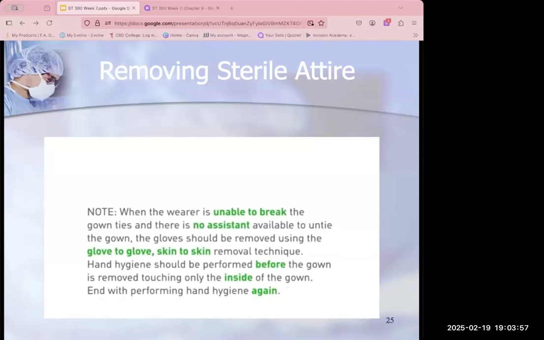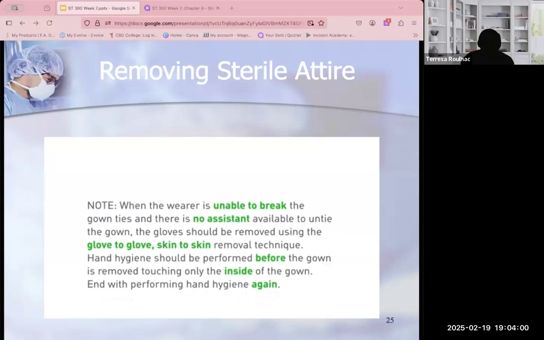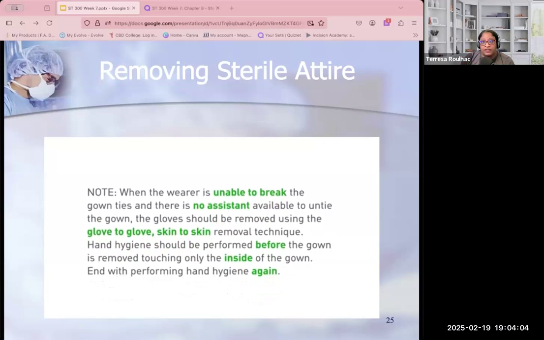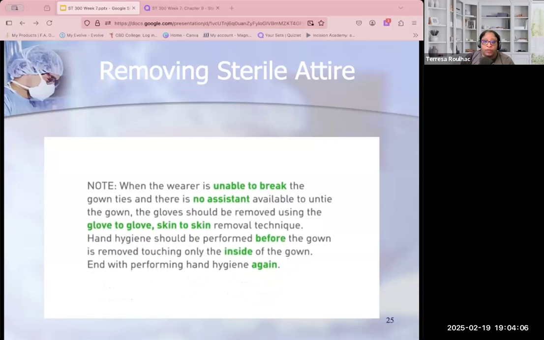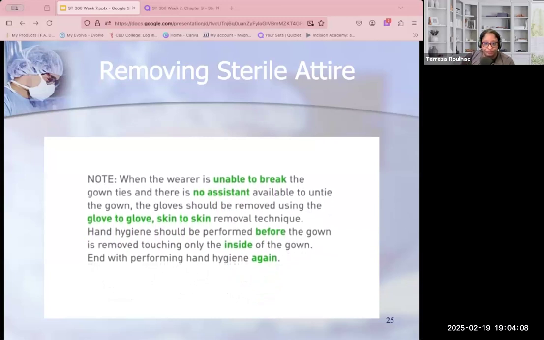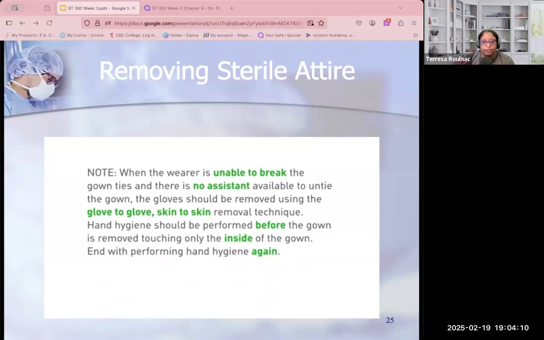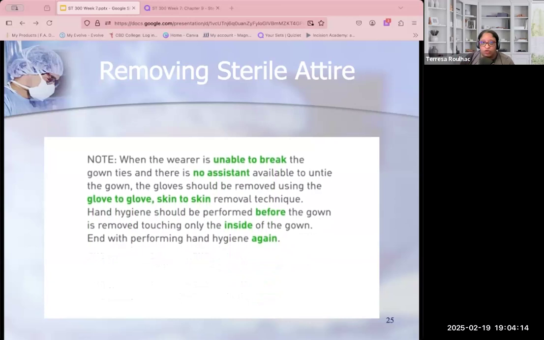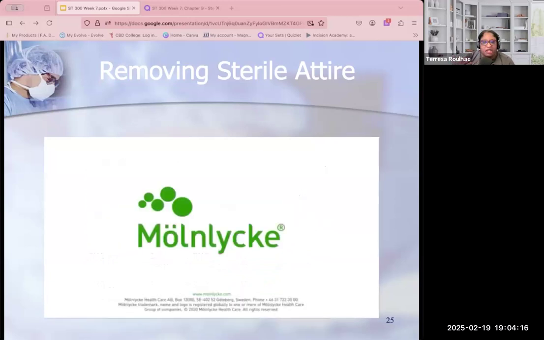And so that's where I said, if for some reason your gloves are on, your gown is off, you still do glove to glove, skin to skin. And the biggest thing is we are just trying to make sure that you're protected, you're learning aseptic technique. And even though the case is over, you still don't want anything left on you. Okay.